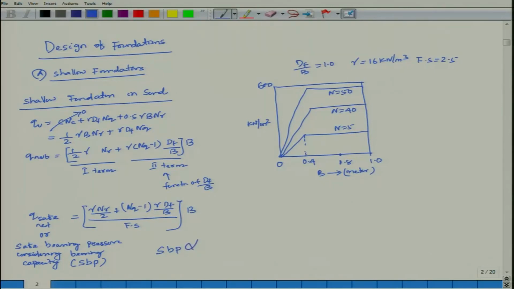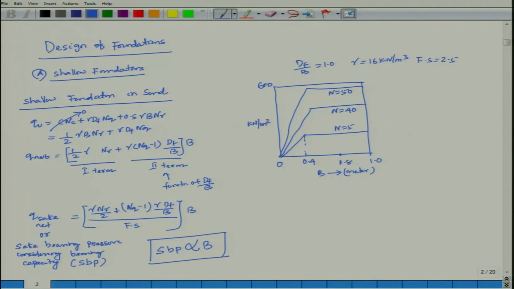SBP is directly proportional to B. That means it will increase linearly with increasing B. But you cannot increase B up to infinity.